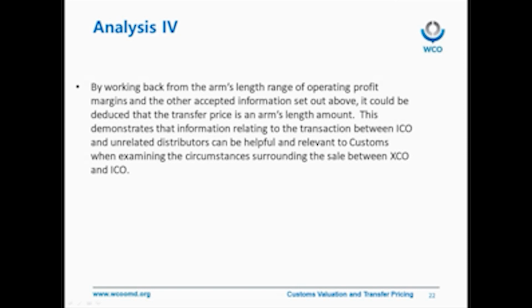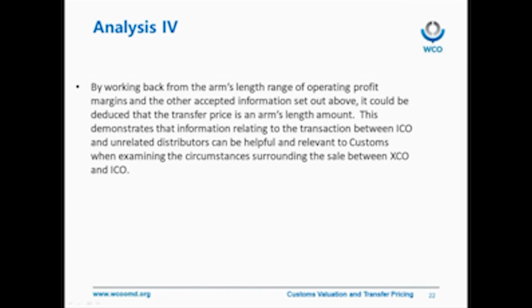So by working back from the arm's length range of operating profit margin and the other accepted information set out above, it could be deduced that the transfer pricing is an arm's length amount, and this demonstrates that the information relating to the transaction between ICO and unrelated distributor can be helpful and relevant to customs when examining the circumstances surrounding the sale between XCO and ICO.